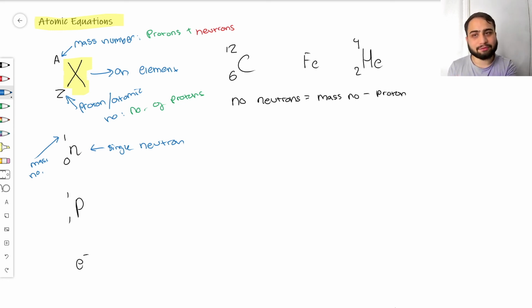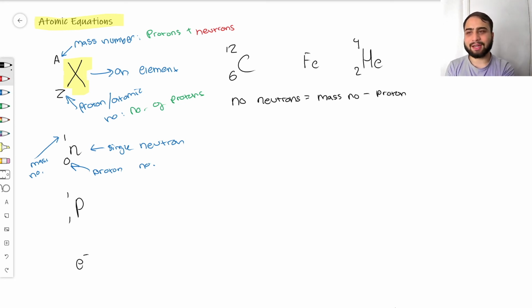So whichever number is bigger, that's your mass number, and the other one is the proton number. Neutrons have a mass of 1, and that makes sense because we're only talking about a single particle here. They have a proton number of 0, which also makes sense, because a neutron is just a neutron. It doesn't have any protons, so its proton number would be 0.